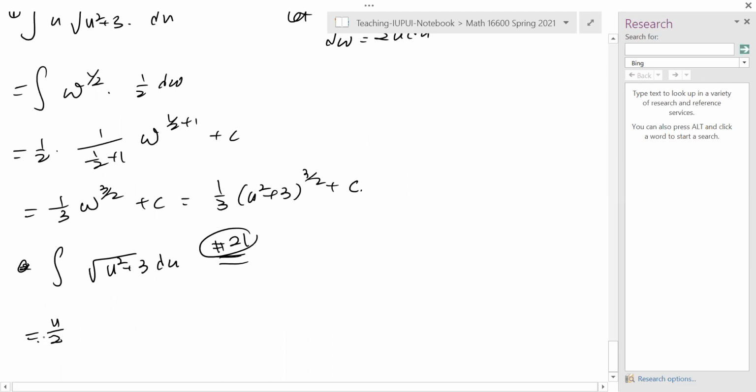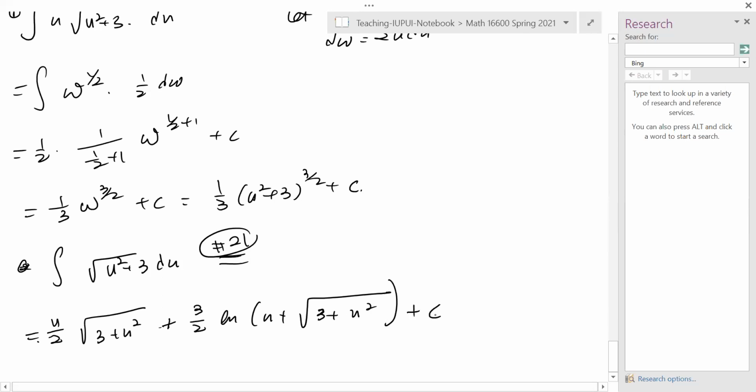It's half of u times the square root of 3 plus u squared, plus 3 over 2 times the natural log of u plus the square root of 3 plus u squared, plus constant. So you don't need to waste time evaluating this integral, and that's what you get.